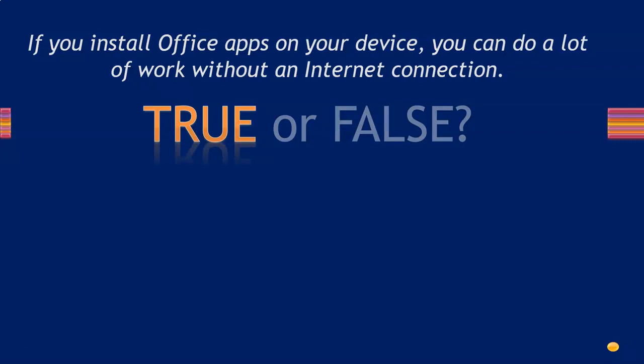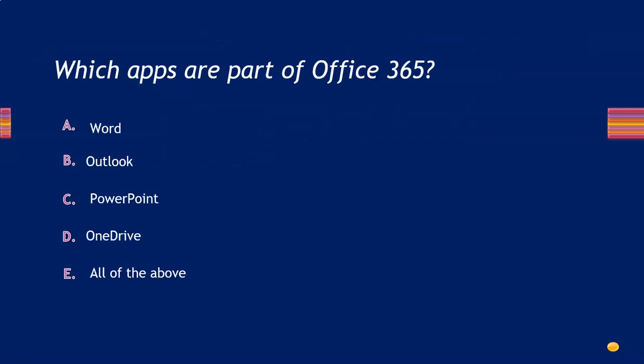You can often work without the internet and then upload to your OneDrive when you are connected. Which of these apps are part of Office 365? All of them are. So again, a lot of apps. Listen to your instructors. They will direct you which ones they want you to start with.